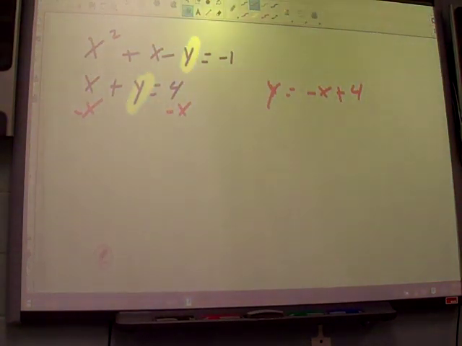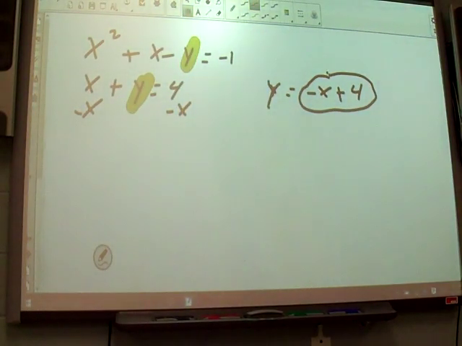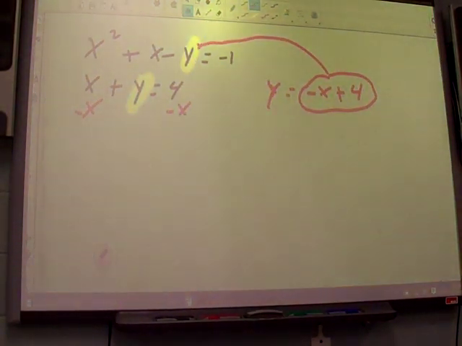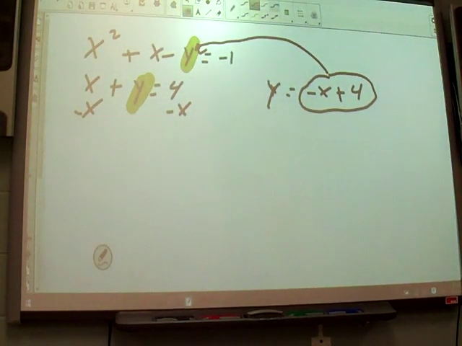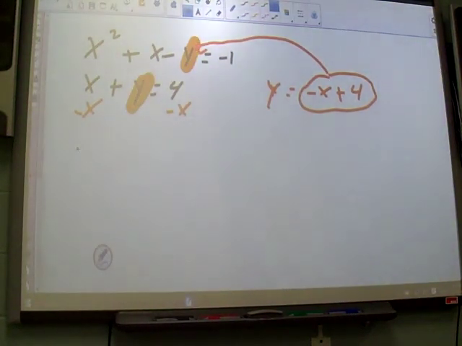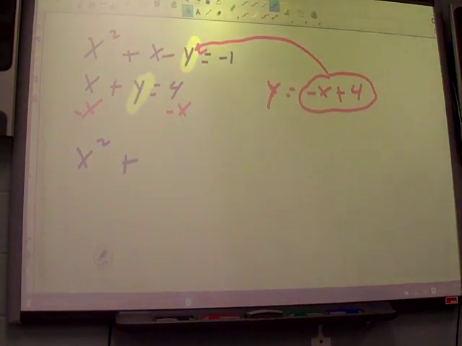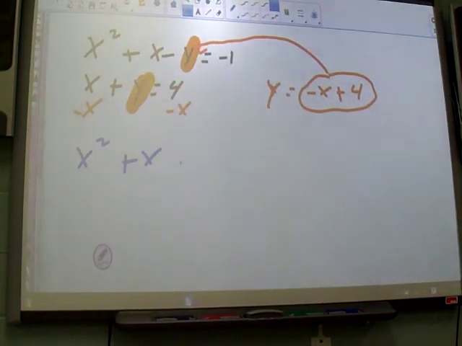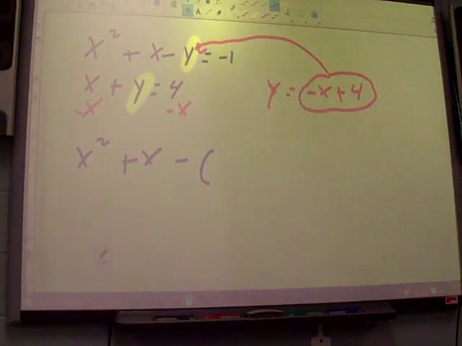So now, since that's what y is, I can put that piece in for the y. I can substitute it in. So we're going to write, just copying down the quadratic as it is, x squared, I didn't change that, plus x, I didn't change that, minus, but now instead of y, I'm going to put what y is.